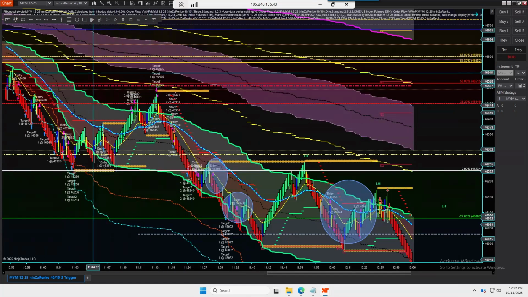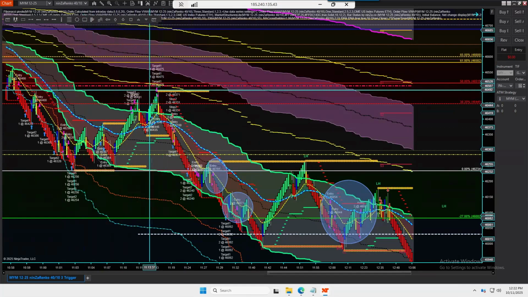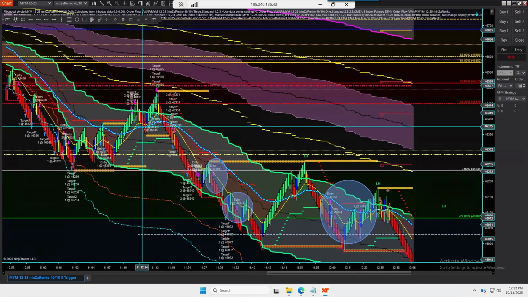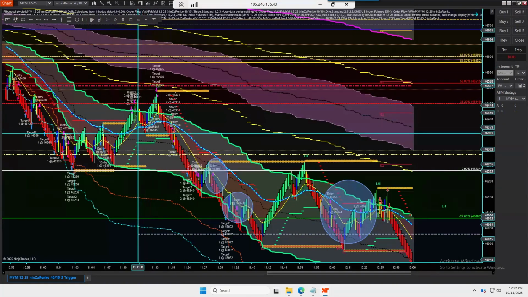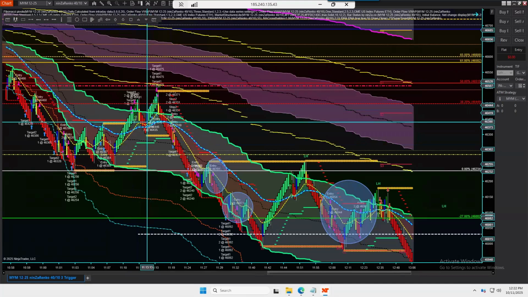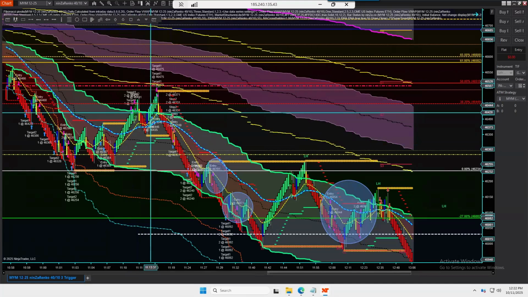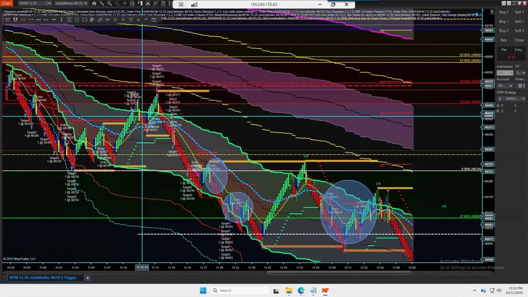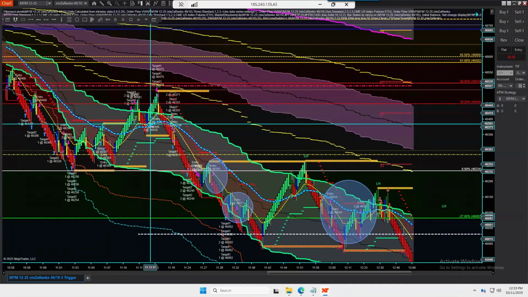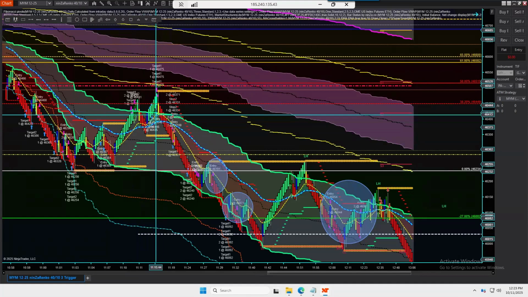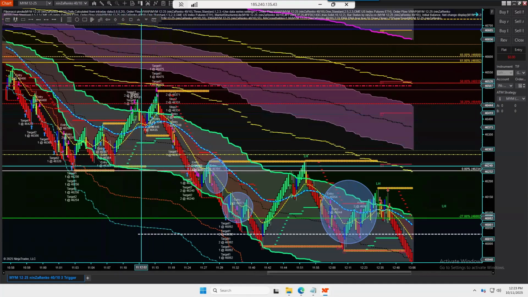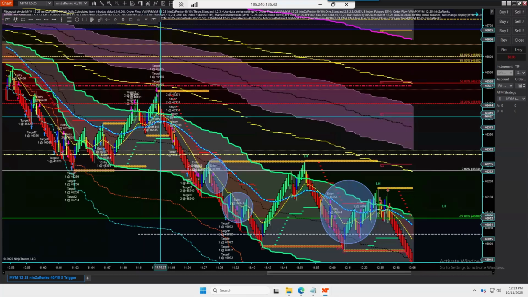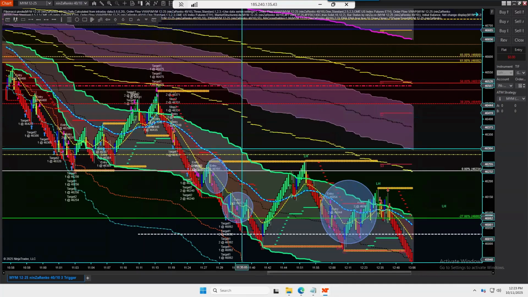I consider this an overrun of the -1. As long as it doesn't pass the 0.5 deviation, it's still what I would consider price discovery. So you see price discovery going off the -1 and continuing down.